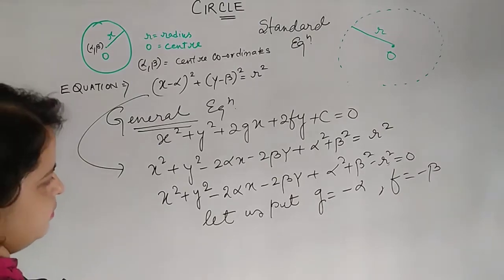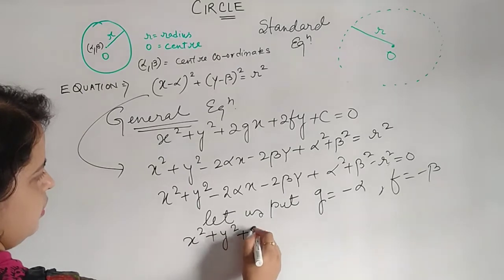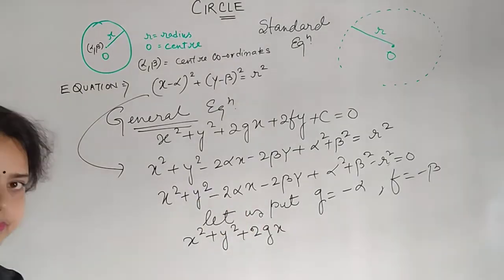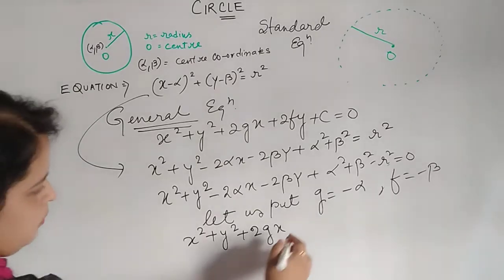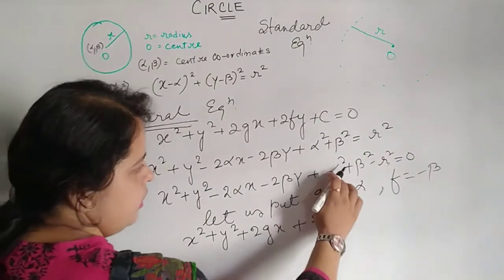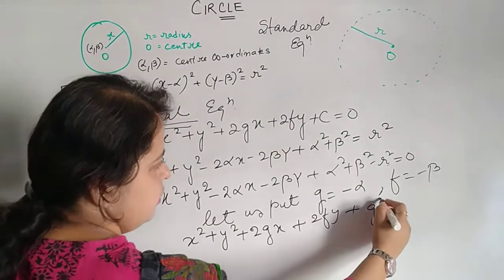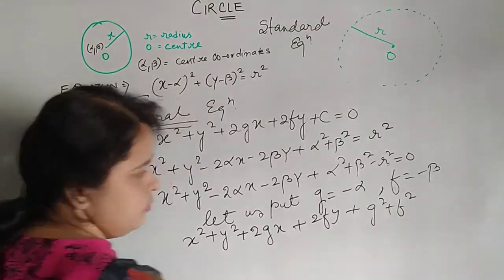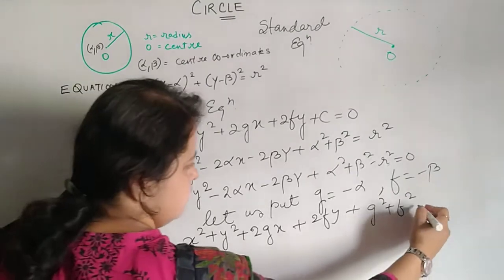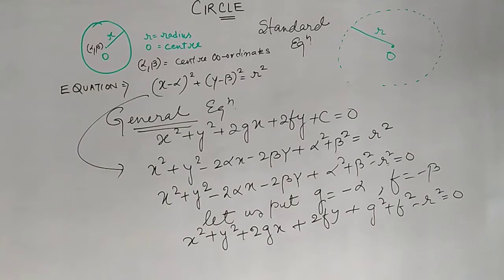Then in this case, what are we getting? x square plus y square plus 2gx, isn't it? If minus alpha is g, then 2fy. Here, in place of alpha we can write g square, then f square. Is it okay?